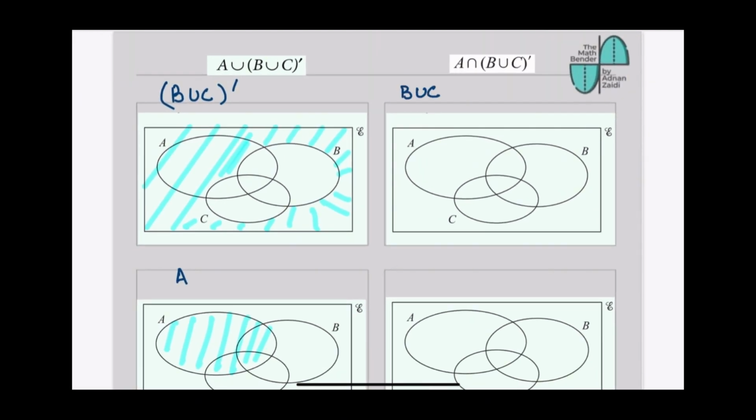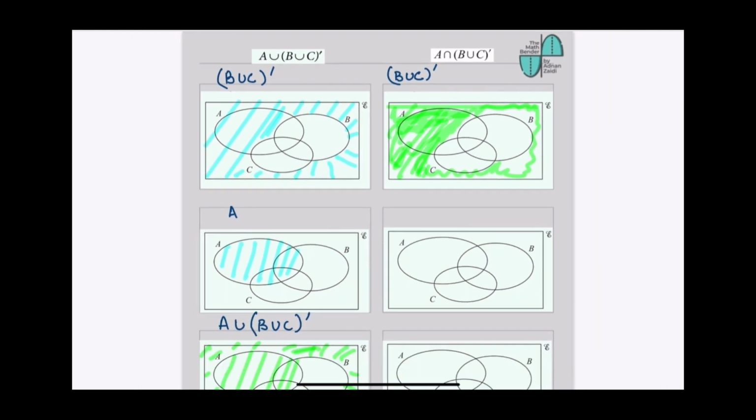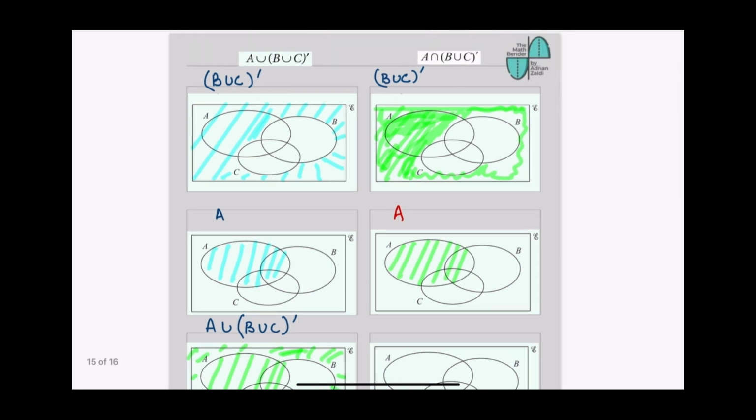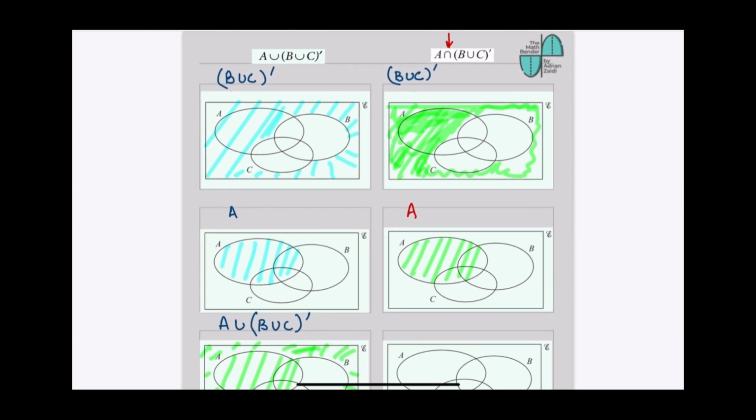Now for this one, B union C complement again. So which is going to be, let me shade that down. All of this except B union C and A. Now, the question is asking for the intersection between both of them.